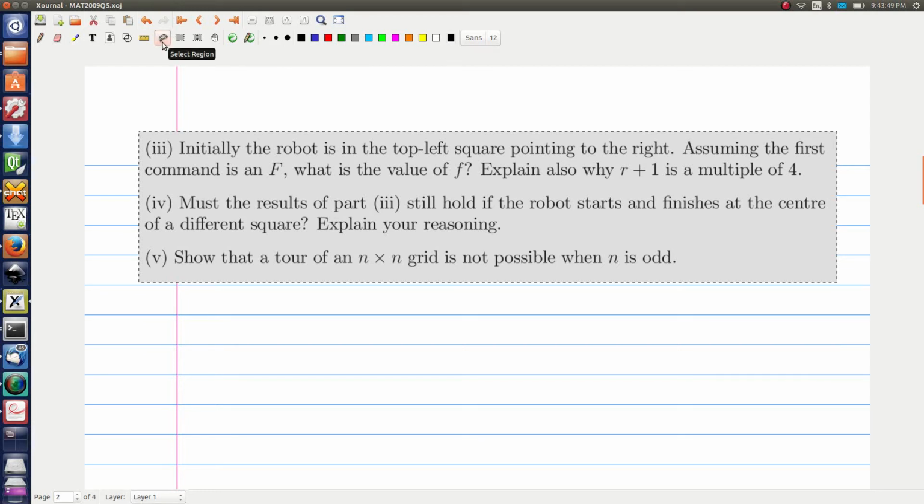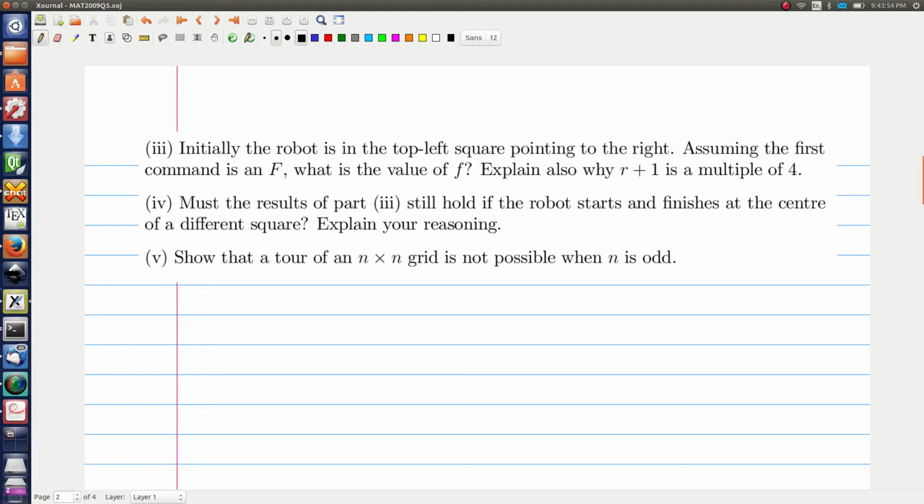So the question is, given these types of commands, let's say the robot is at the top left square as before, pointing to the right, and the first command is an F, which means it's a forward motion. Then what is the value of F? What is the total number?